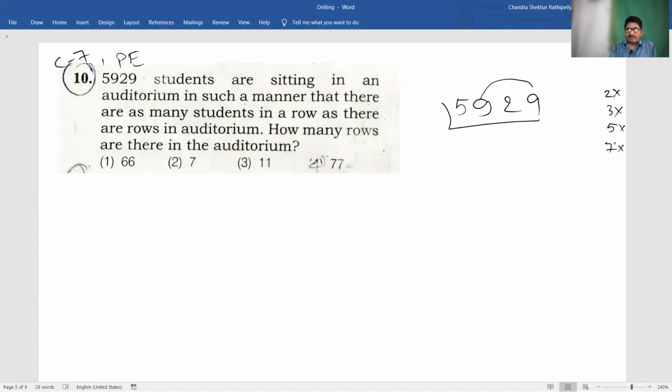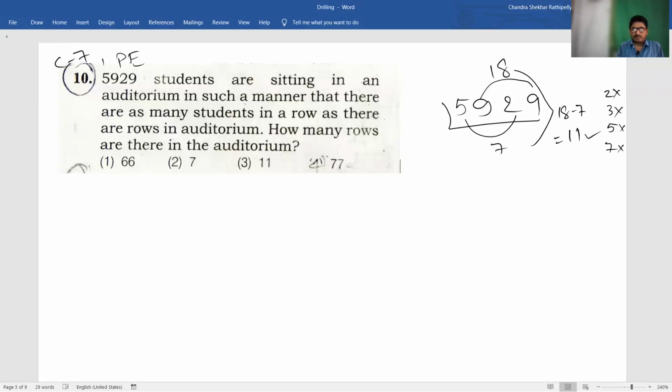We check with 11. So 18, here 7. 18 minus 7 is 11. 11 is a multiple of 11, so that's why it is exactly divisible by 11.